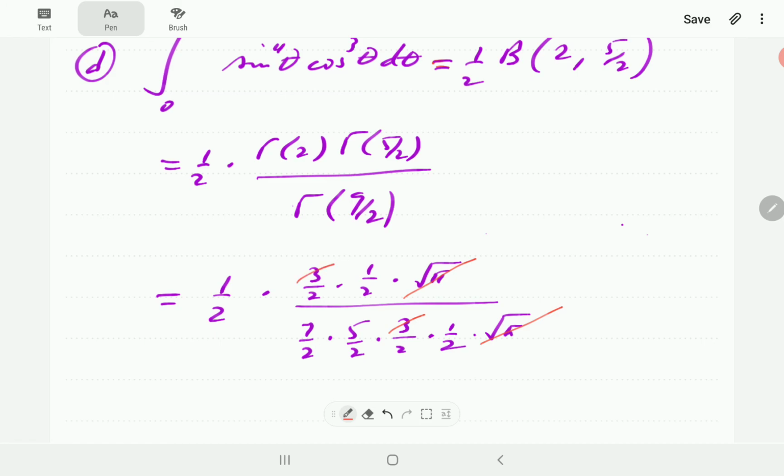That's going to cancel out. That is going to cancel out. Oh yeah, and that as well. And this is going to cancel out. So this is simply going to be 2 over 7 times 5, which is 35.